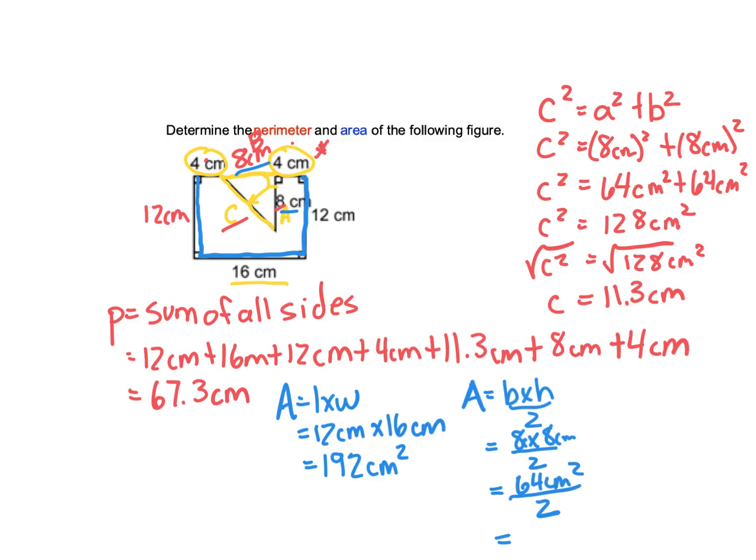And when we divide that by 2, we end up with 32 centimeters squared. If I subtract 192 subtract 32 centimeters squared, I end up with 160 centimeters squared, and that would be the area of the complex shape. And that was our goal all along.